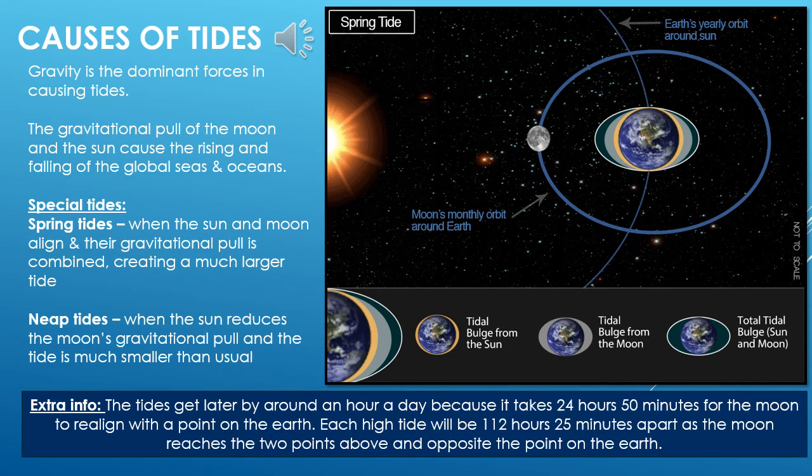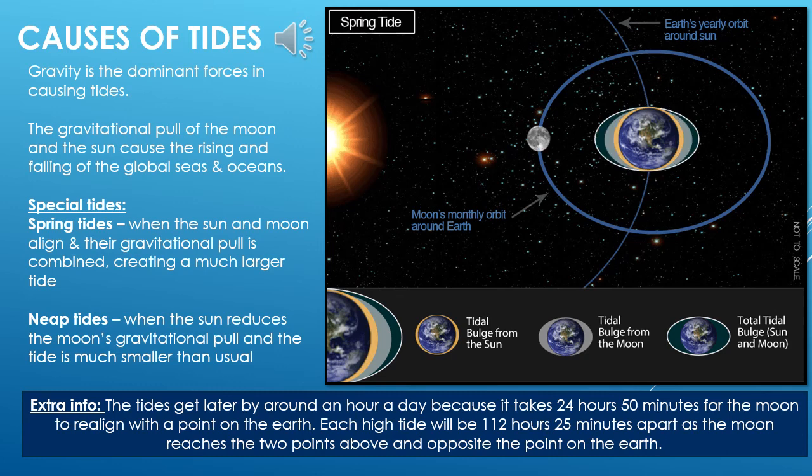So tides are caused by the gravitational pull of mainly the moon, but also the sun to a much smaller extent. And we do have these occurrences called spring tides and neap tides.